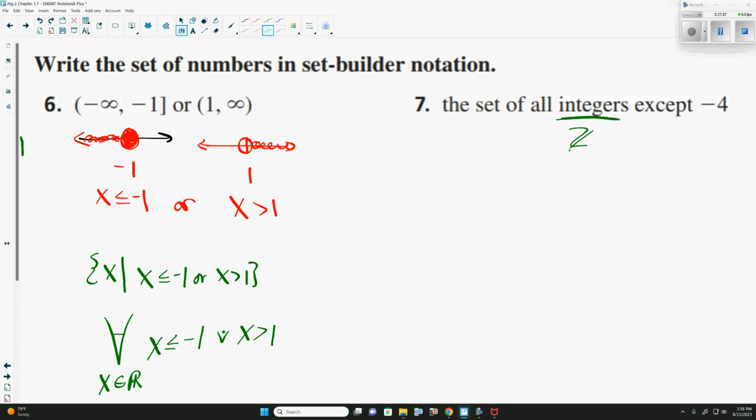So it's telling us that this cannot equal. How can we write that x is not -4? Put a line through it, because this is saying it is equal to it. Well, almost, because we have to write it in set builder.